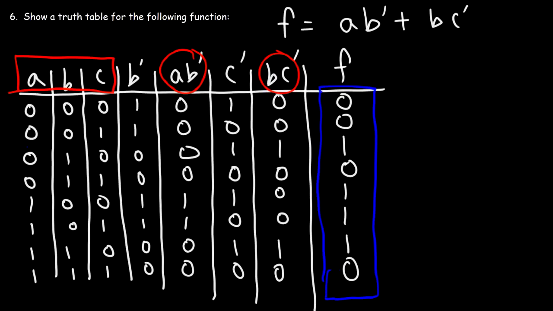So for instance, if A is off, B is on, and C is off, the output will be in the on state. Or if all three switches at the input are on, the output will be off. And so that's how you read this truth table. So let's say if we put switch A on and switch B and C are off, then the output will be in the on state.